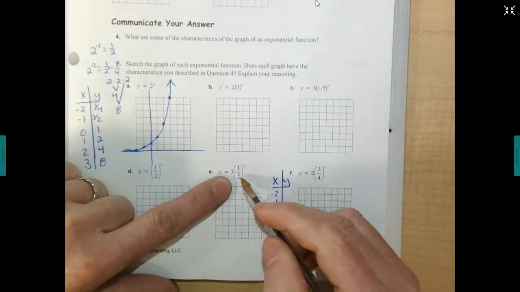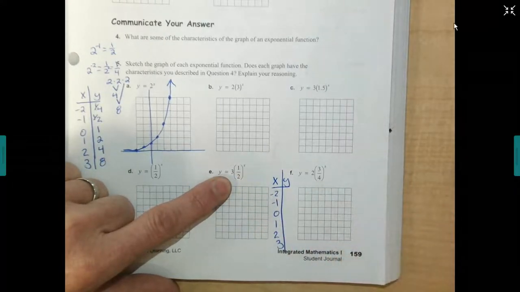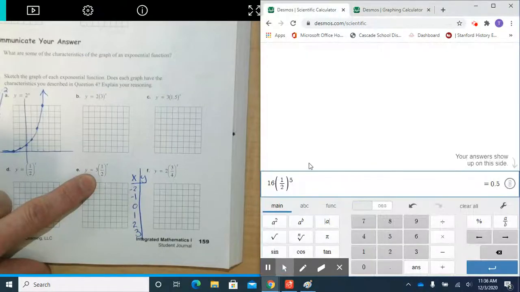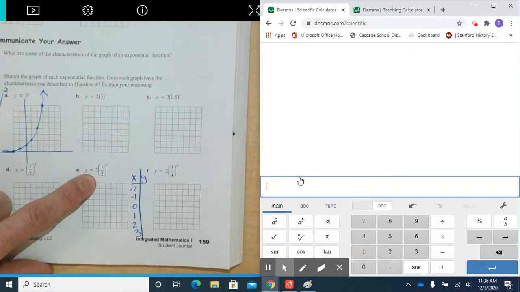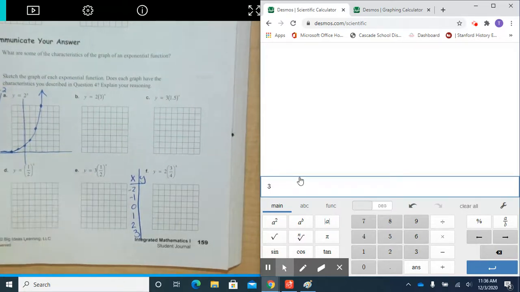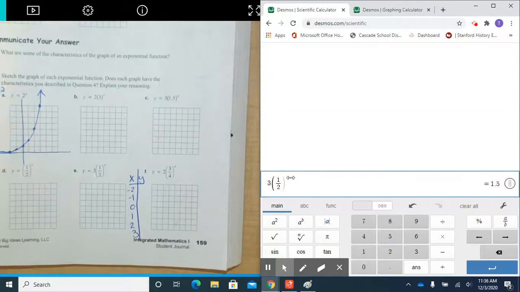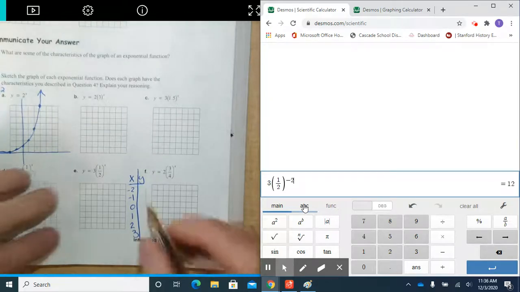Since this is getting pretty complicated, I'm going to head on over to my scientific calculator right here and plug this in. So I have 3 times 1/2 to the x, and I'm going to start off with a -2. I get 12.